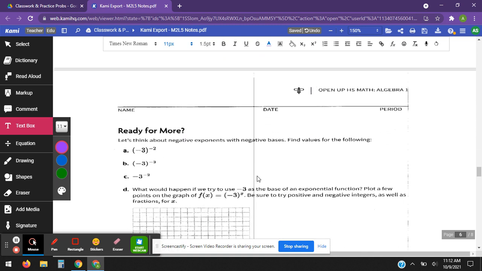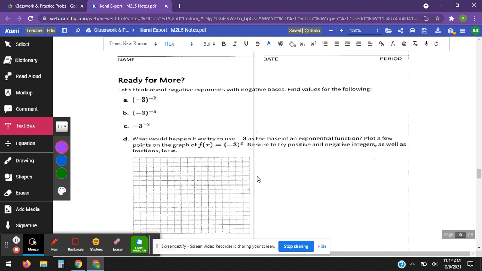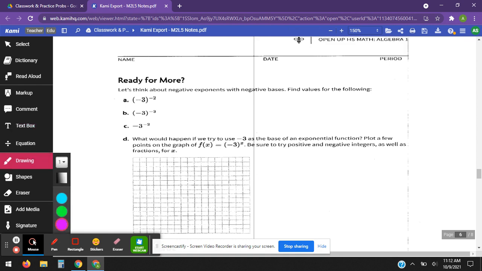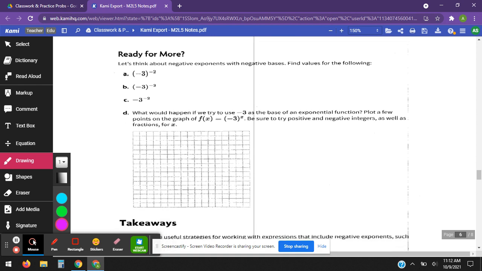Okay, let's do the ready for mores. Actually, I'm going to do those real quick because they are not too bad here. Negative 3 to the negative 2. We can rewrite that as 1 over negative 3 squared, which is 1/9.